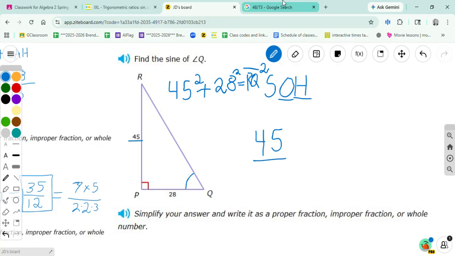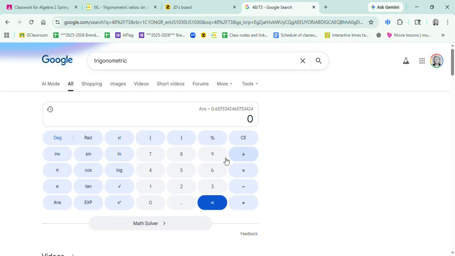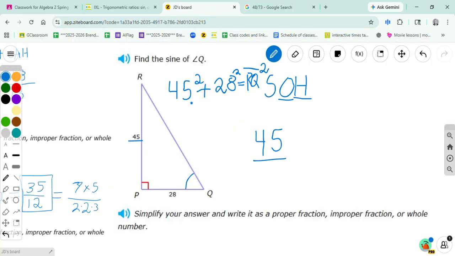So let's grab our calculator and do that. So 45 squared, 2025, plus 28 squared. And now I'm going to take the square root of my answer, and I get 53.